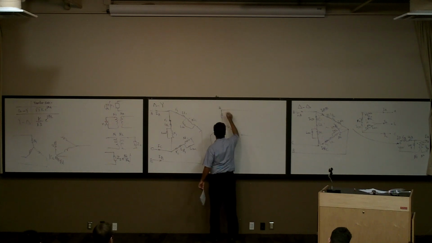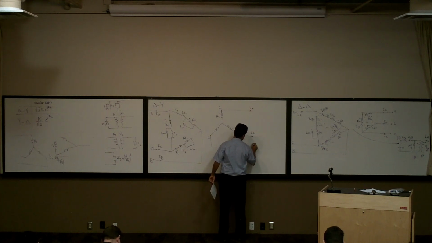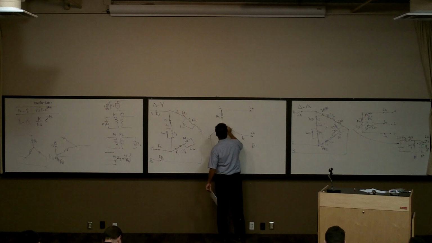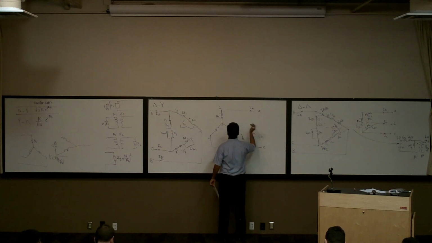This is the A, this is the B, and this is the C. This is the N2, and this is the IA, IB, IC. Let's call this point N. This is the A, B, C.